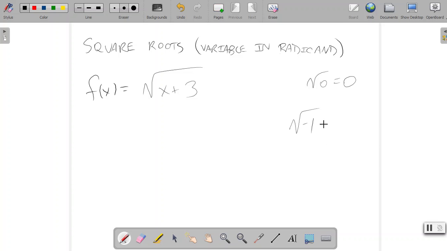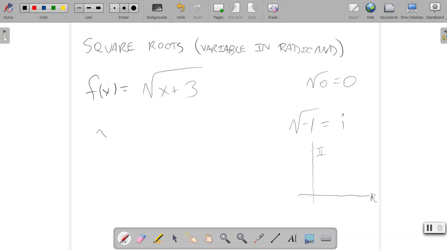The issue is when you get to negative numbers. The square root of -1 is i, as you recall. But the problem is domains are on the real number axis, which is down here. Imaginaries are up there. So as soon as you go imaginary, those exist. They are valid, but they can't be part of the domain.